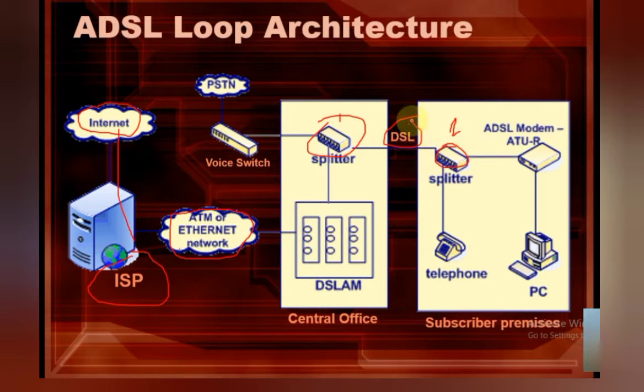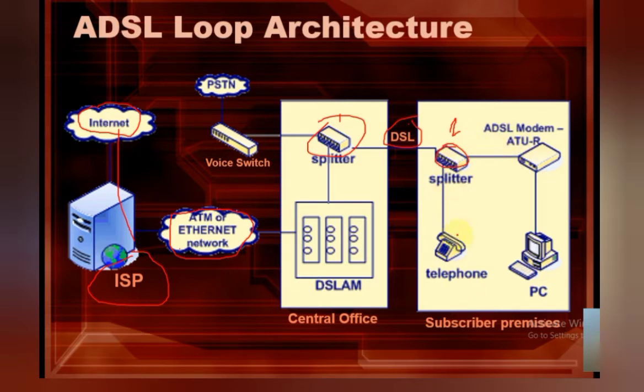The splitter is a low-pass filter to separate the analog voice from the digital subscriber line access multiplier. The other thing is that this is connected with a telephone splitter.